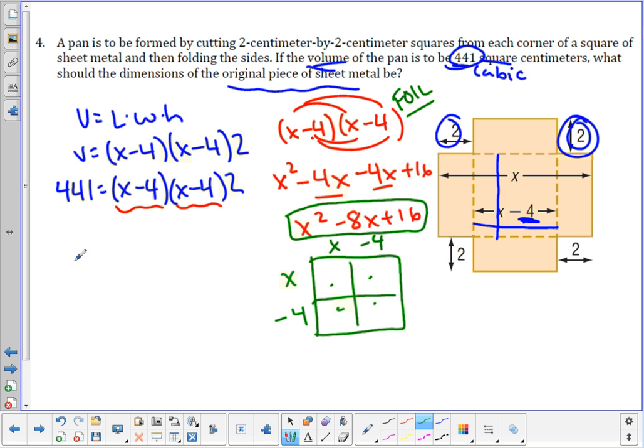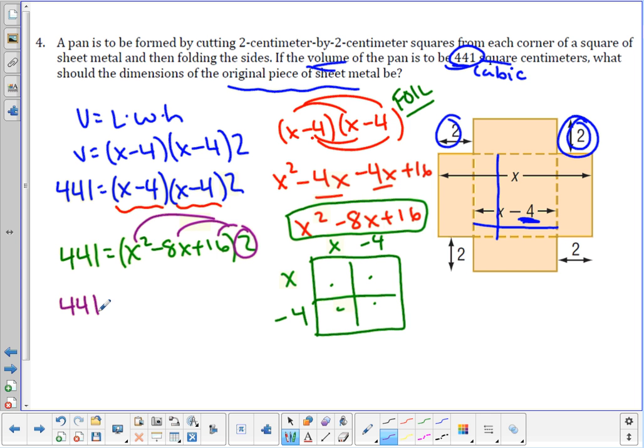Okay, so I know that 441 is equal to x squared minus 8x plus 16 times 2. I also need to take that 2 and distribute it throughout the whole expression. So 441 is still my volume. Now I have 2x squared minus 16x plus 32.